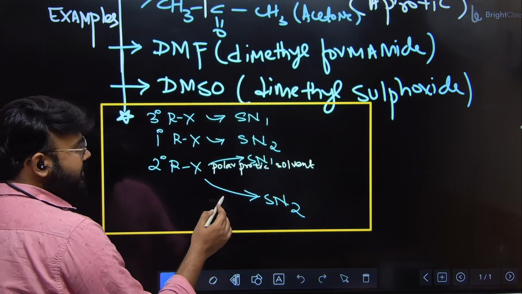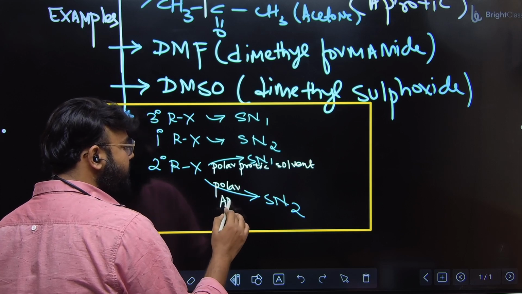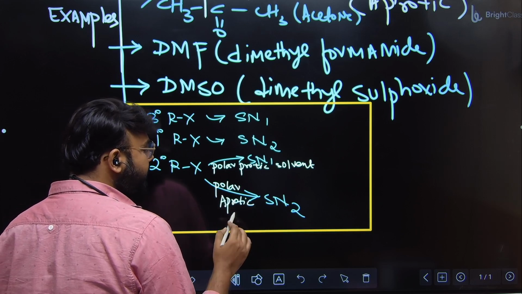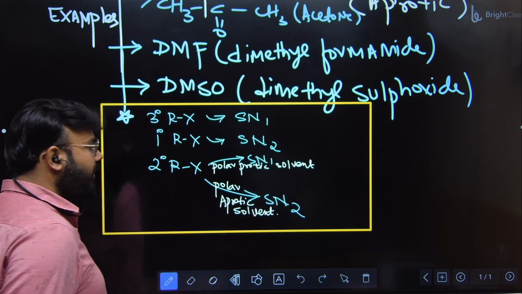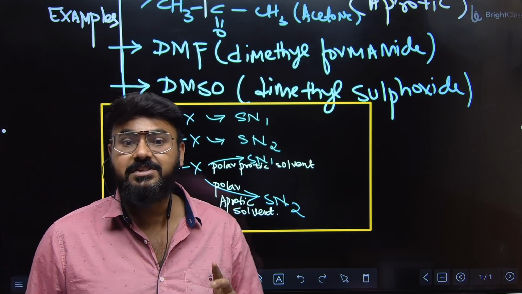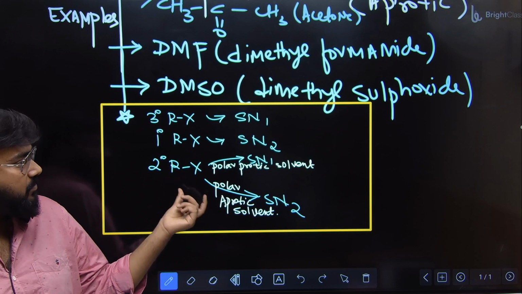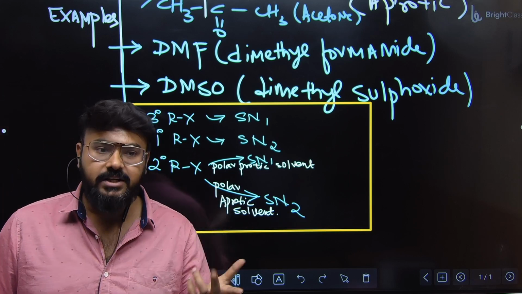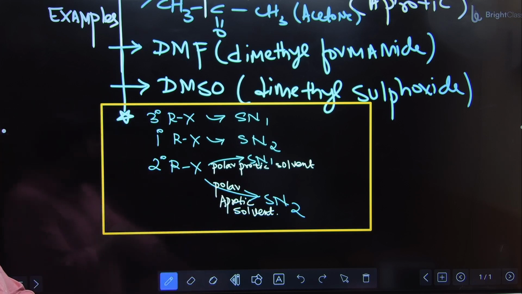And if you have examples of polar aprotic solvent, then SN2. Advitya, you got it now? Okay. So remember, for 1 degree and 3 degree, we see the degree to decide SN1, SN2. But for 2 degree, because it can go anywhere, we check the solvent. I hope it's clear.